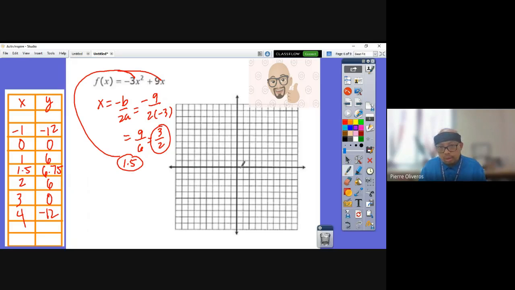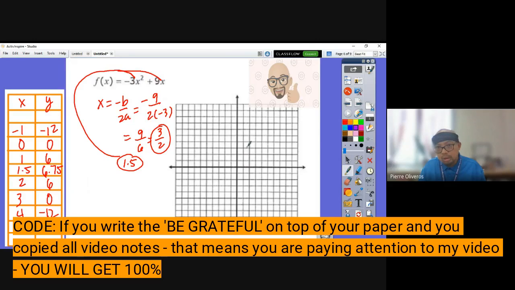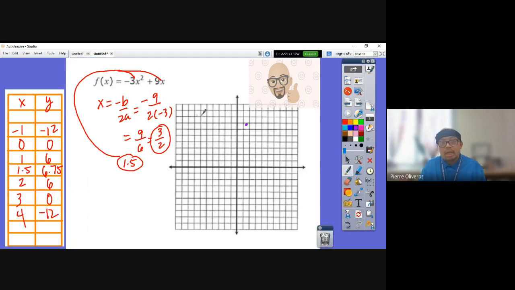The vertex is 1.5, 6.75, so 1, 2, 3, 4, 5, 6.75 around there. And since it's negative, you expect it to open downward. And then 1, 6, 1, 6 will be right here. 1, 6, 0, 0.